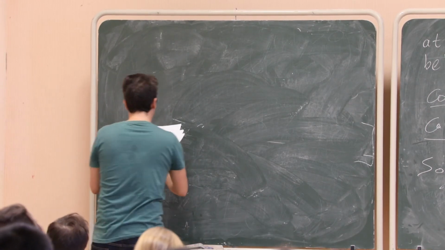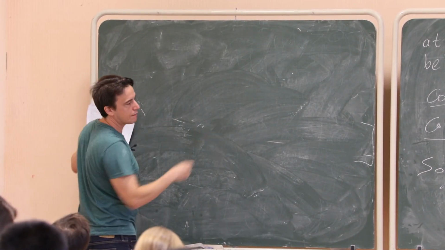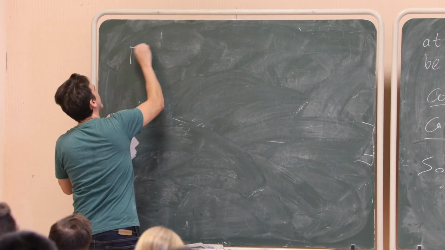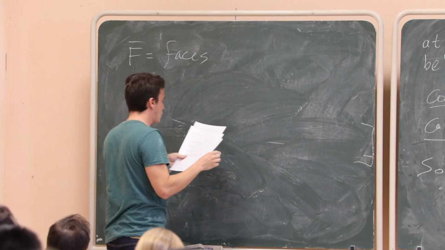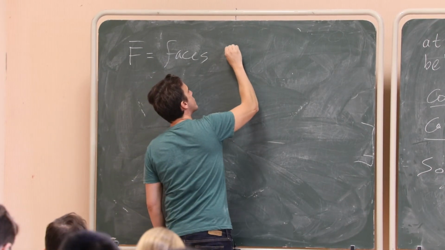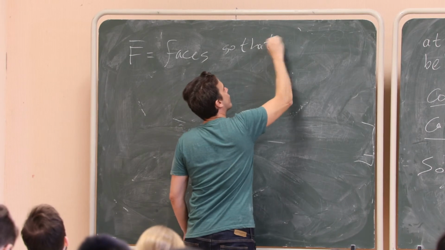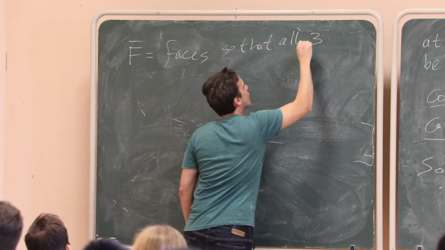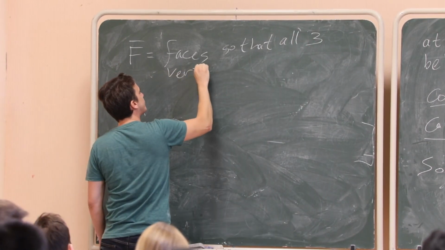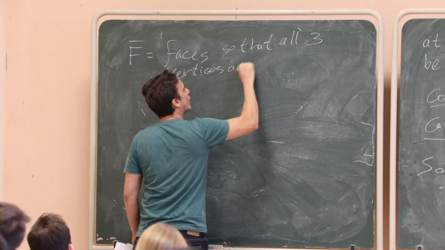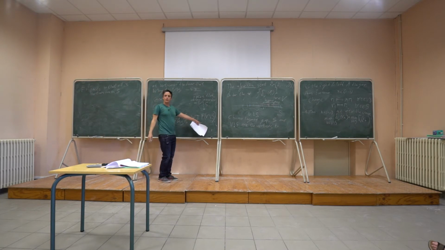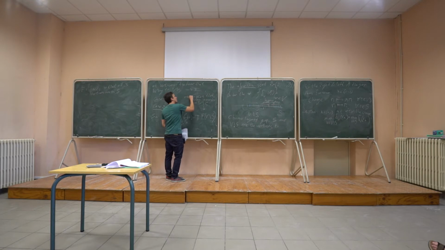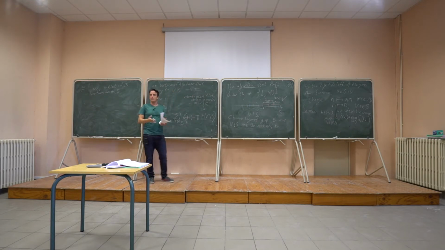Right. So let's look at the complement of F of V minus S. These are all the faces in which all three vertices are in S. And by the way, you should note that in this definition, I should have said internal vertices, because the outside face is not counted.